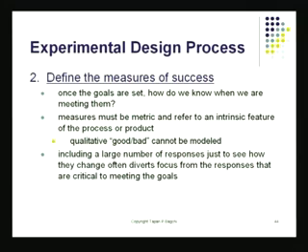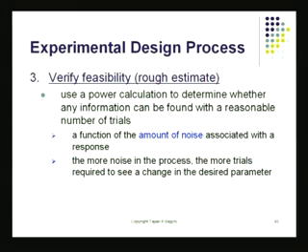Then define the measures of success. These are, of course, going to be how am I going to measure the output, how am I going to judge the output. That also will have to be spelled out. Then, of course, verify feasibility, and this actually says if I conduct my experiment in a noisy environment, will I be able to hear the signals? If I'm not going to be able to do that, then of course I have to make sure the noise is not that high.